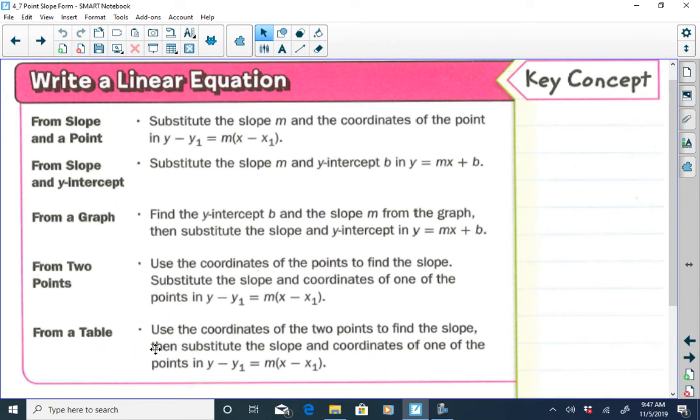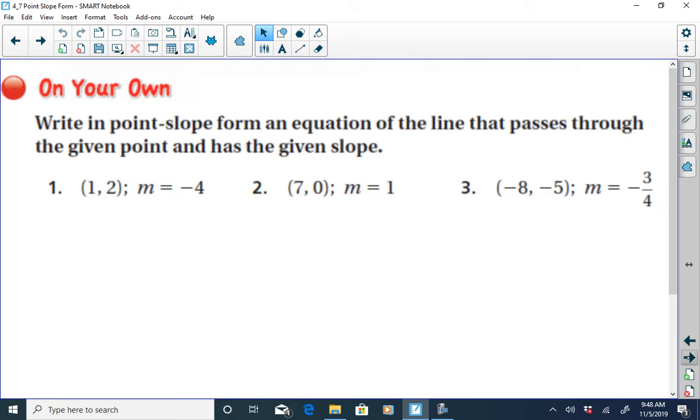All right? The idea being, based on the information we're given, we should be able to write a linear equation in various forms. Okay, so let's start with point-slope form. Point-slope form looks like the following. All right, we start with our point-slope form, which says we take y minus y1.